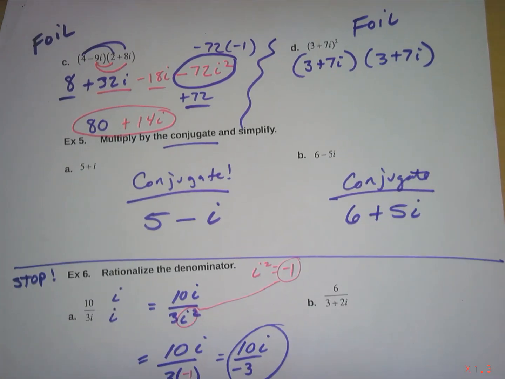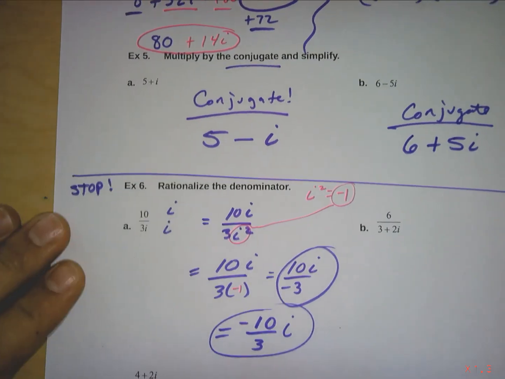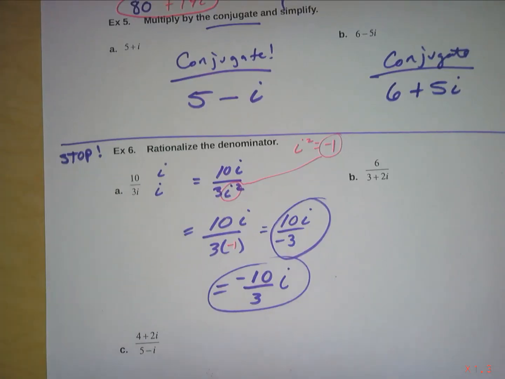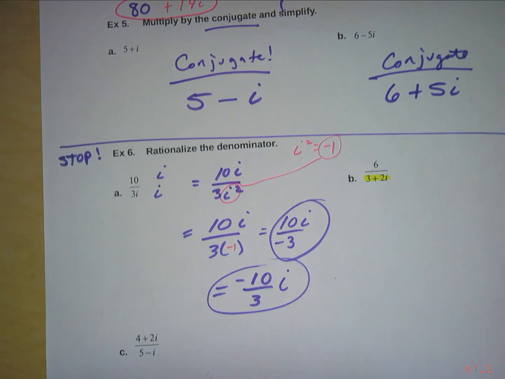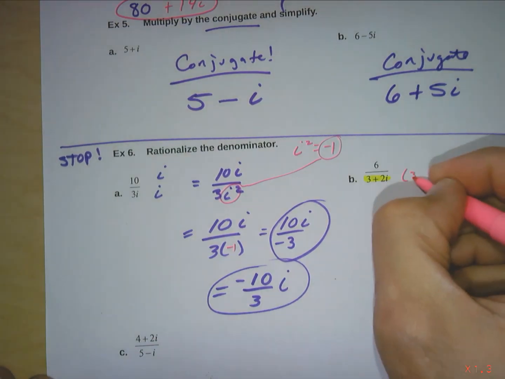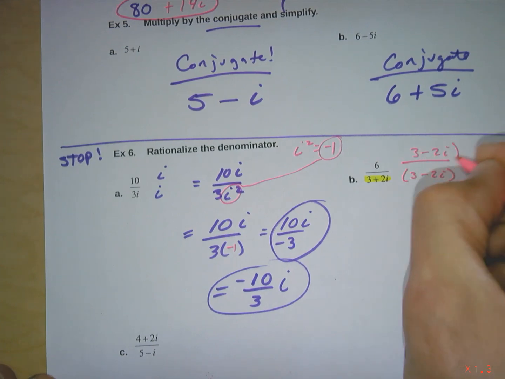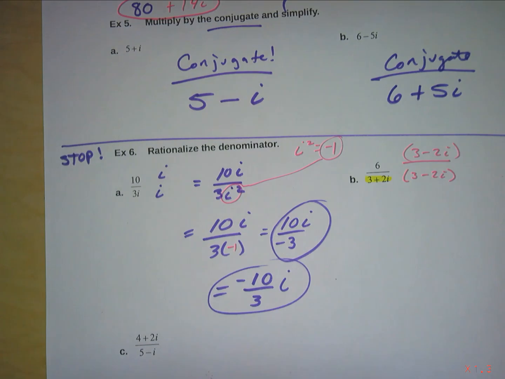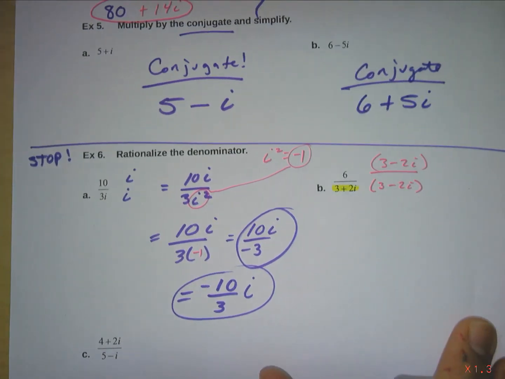We're going to get rid of this i on the bottom by multiplying top and bottom by the conjugate of 3 plus 2i. So first thing is, what's the conjugate of 3 plus 2i? 3 minus 2i. Perfect. So we do that top and bottom. We're multiplying by the conjugate.